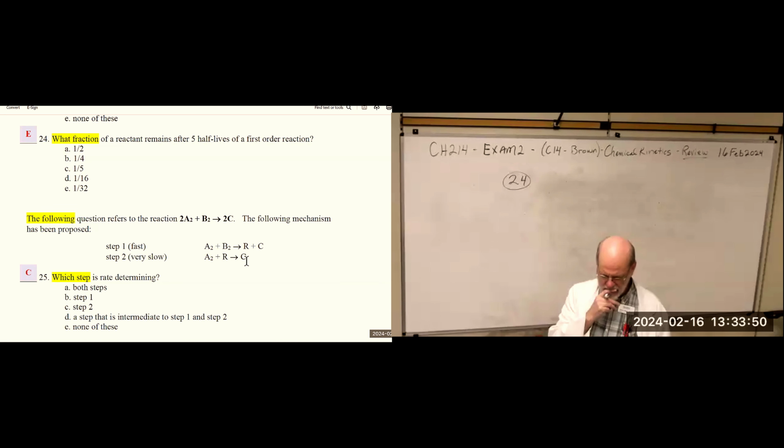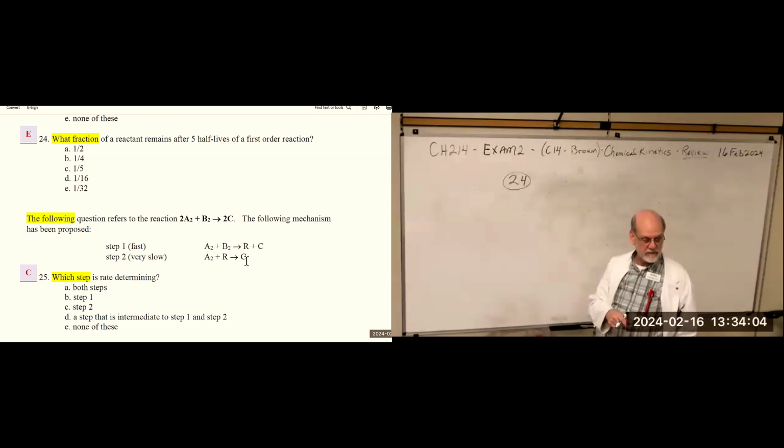You know what? It doesn't matter what the order is. When you say half-life, that means after one half-life, half of it's left. So that first order comment doesn't matter.